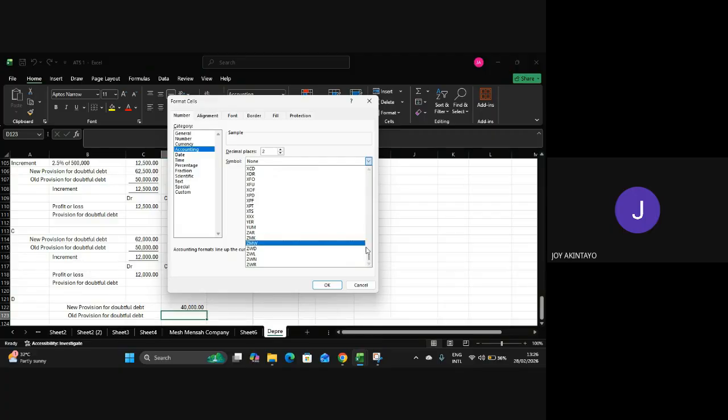I can't find any Ghanaian cedis. When we have Nigerian naira, no Ghanaian cedis. Maybe I can't find it.